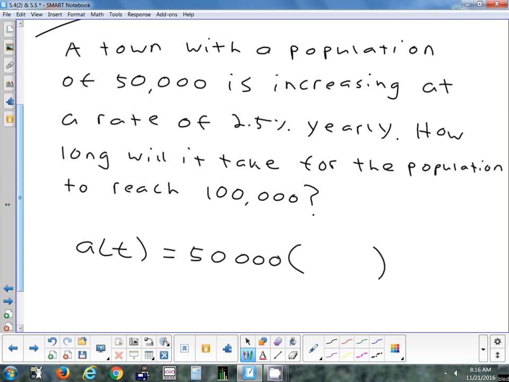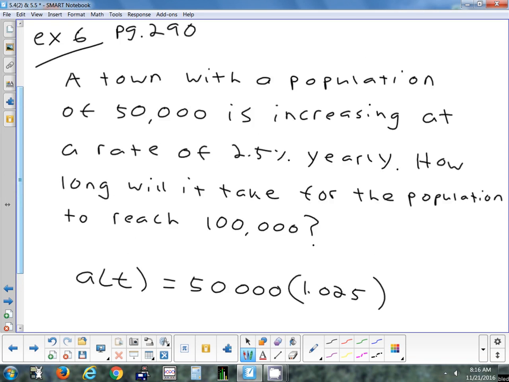And what's my rate here? 0.025, because we have to write it as a decimal. So 1.025. And then that's raised to the t. Right? And it's increasing 2.5% every 1 year. So it would just be t. It would be a divide by 1, but we don't need to write it. If it said the population increases at 2.5% every 3 months, then we'd have to put a divide by 3. But it just says every 1 year.